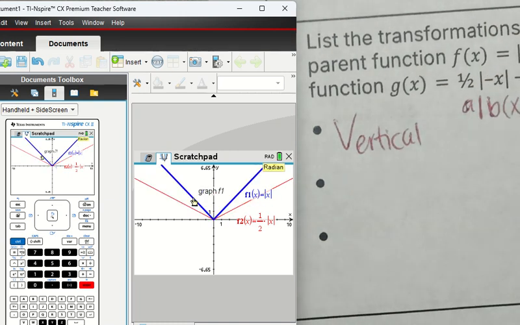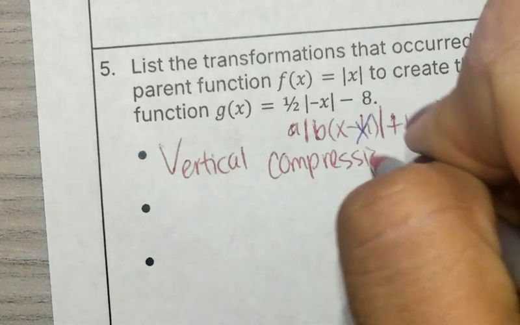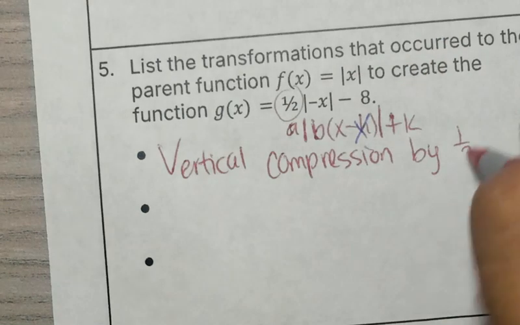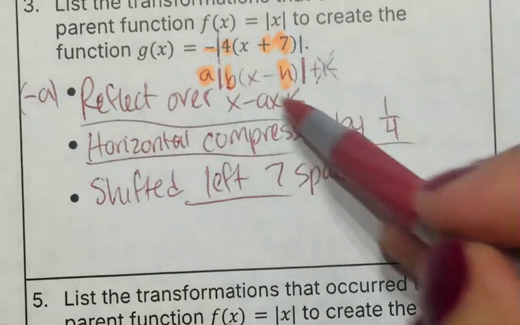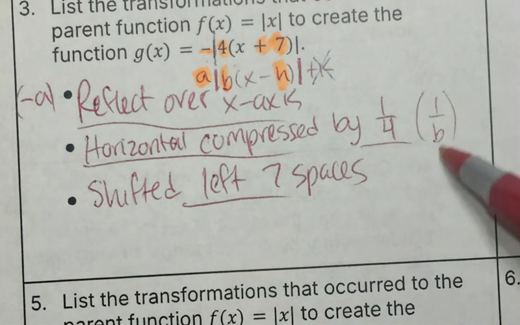So in order for this to have become wider, that means it had to be squashed down vertically. So that's a vertical compression. And by the number that you have there. So when it's an A value, you just gotta say by the number that you see. If it's a B value, you gotta say 1/B. So I'll just put it right here on the side so you understand that.